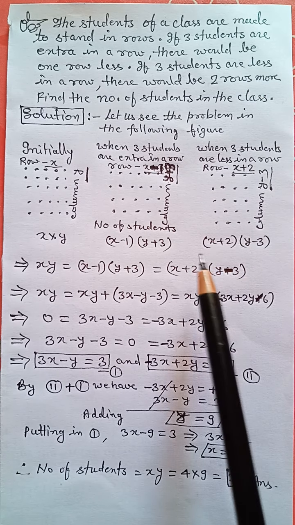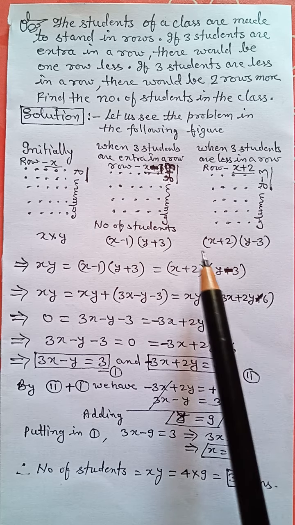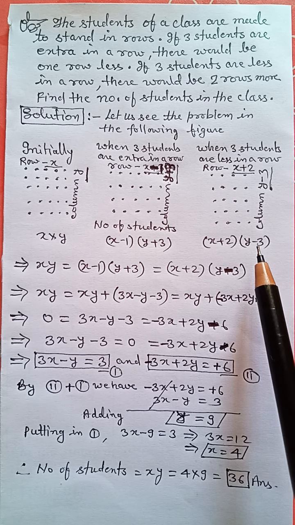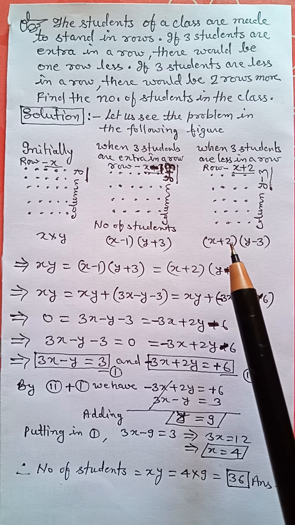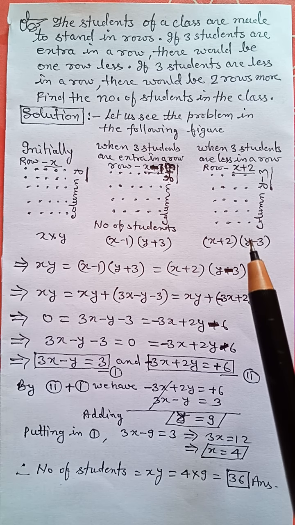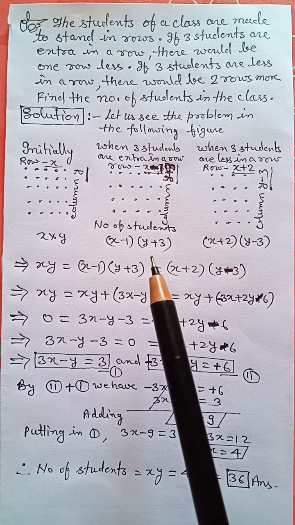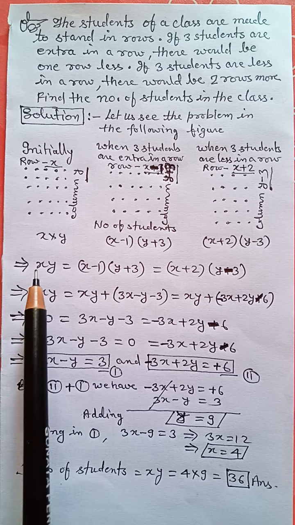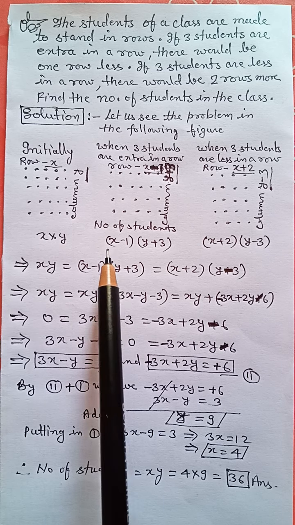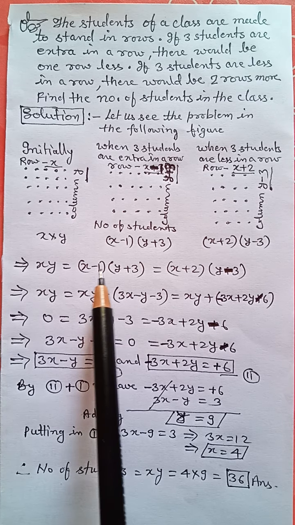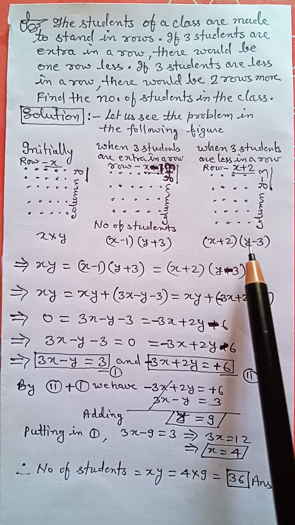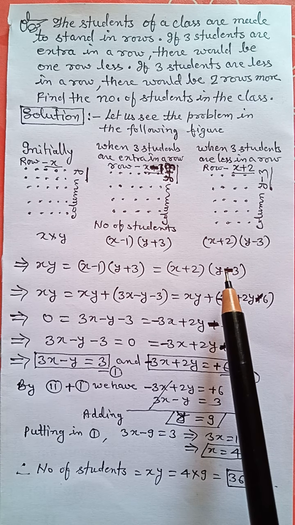And in this case, the number of students is x plus 2 multiplied by y minus 3. But the number of students is not going to change in any way. That means xy is equal to x minus 1 multiplied by y plus 3. This is equal to x plus 2 multiplied by y minus 3.